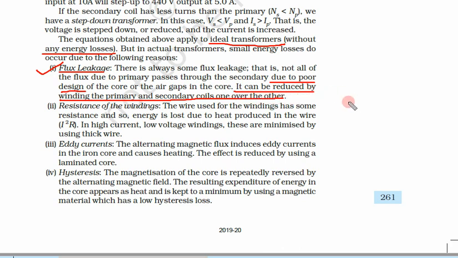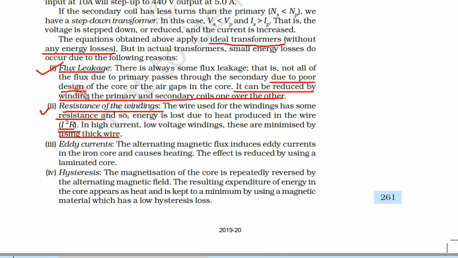The first design, in which the primary and secondary coils were on the same arm, is much better. Resistance of the winding: we have assumed that there is no resistance, but generally there is resistance in the windings, and that is I square R. So in high current and low voltage windings, these losses are minimized using a thick wire.